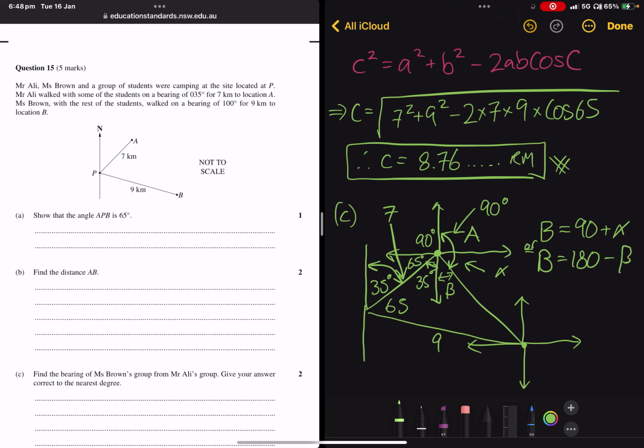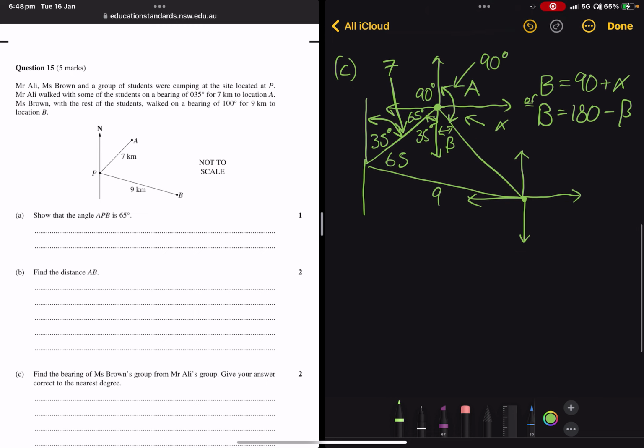Obviously alpha plus beta are 90, so if you have one of them you can always find the other one. But in a question like this you can do this either way. Sometimes one of the ways will be better than the other. So we know that this distance is 8.76.